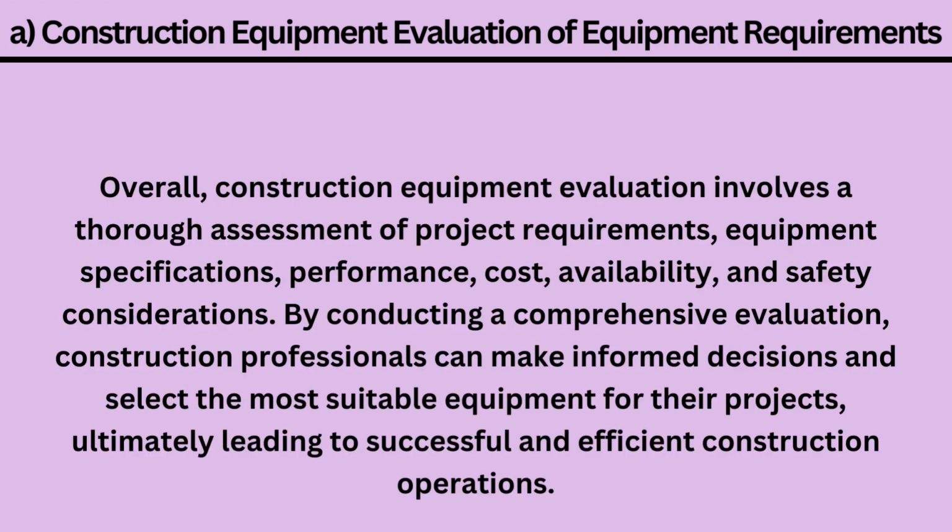Overall, construction equipment evaluation involves a thorough assessment of project requirements, equipment specifications, performance, cost, availability, and safety considerations. By conducting a comprehensive evaluation, construction professionals can make informed decisions and select the most suitable equipment for their projects, ultimately leading to successful and efficient construction operations.